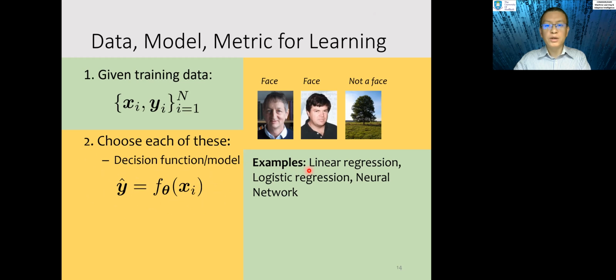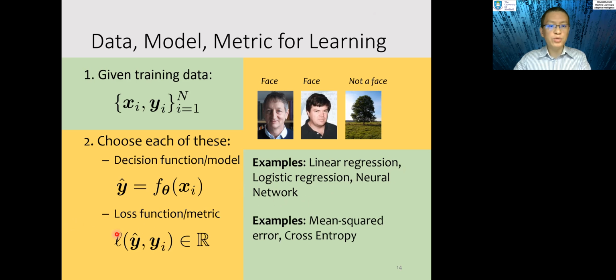For example, in linear regression, we use a simple linear combination, in logistic regression, we use the sigmoid function, and in a neural network, we use the multiplication of weights plus biases through multiple layers.